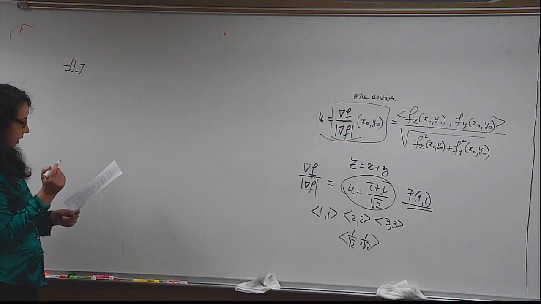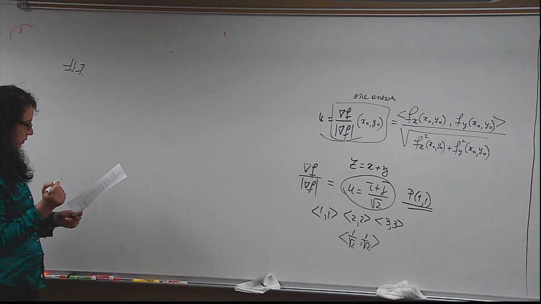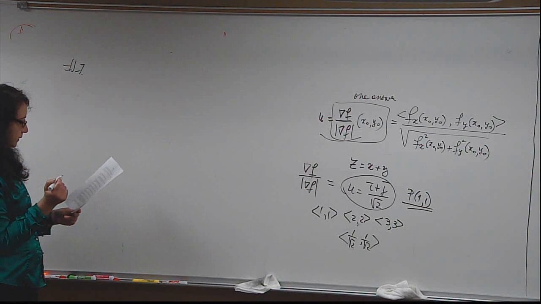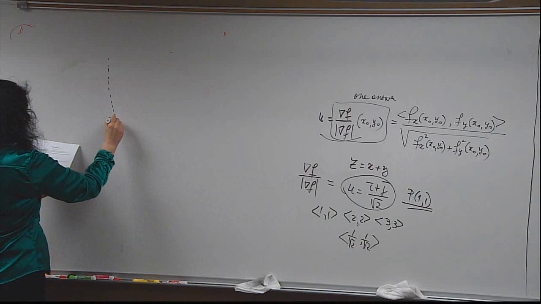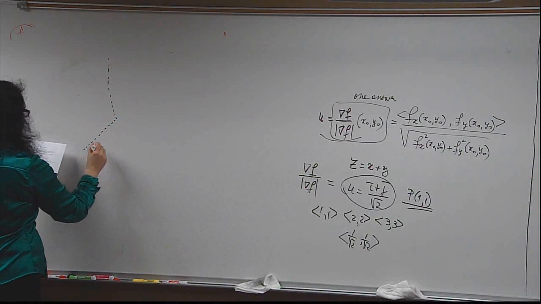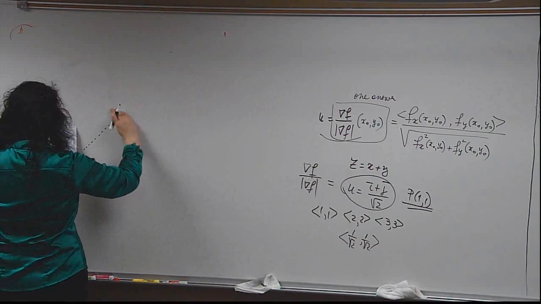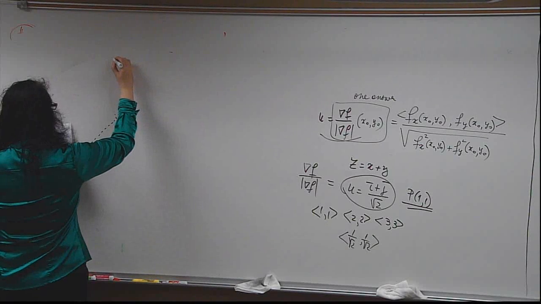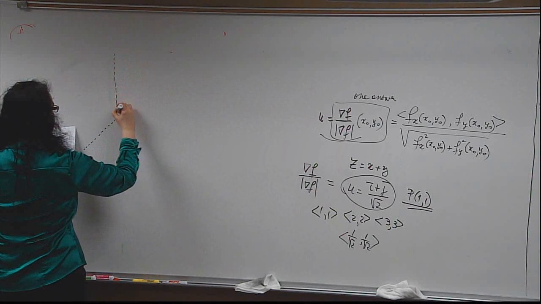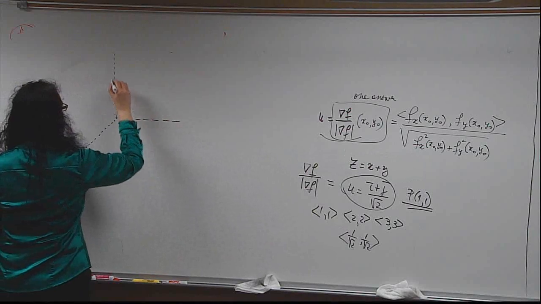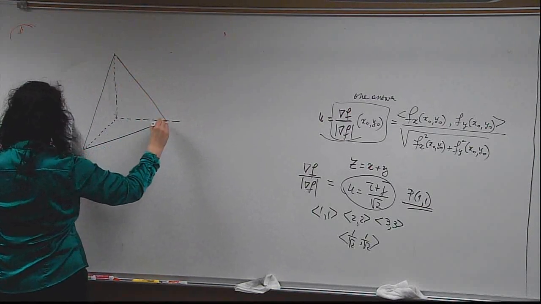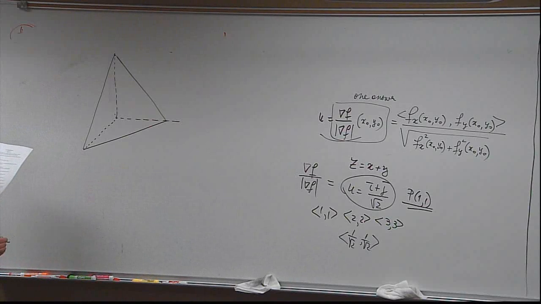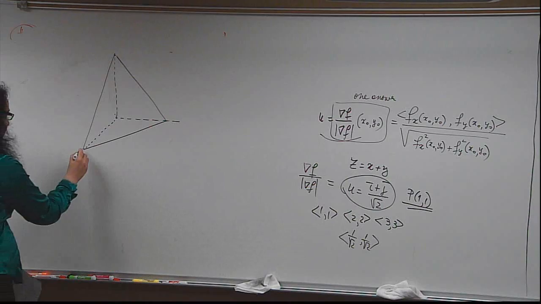Okay, this one you had in the homework. Compute the volume of the tetrahedron x plus y plus z equals 1, situated in the first octant.